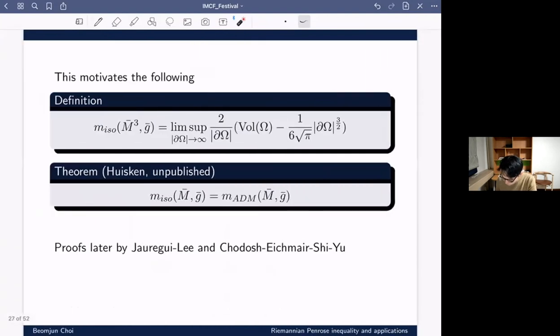One huge importance of this m_iso is we can define this mass in terms of C^0 information of our Riemannian metric. In the case of the ADM mass, to compute the flux, my g has to be smooth. But we can reconstruct the same result using C^0 definitions.